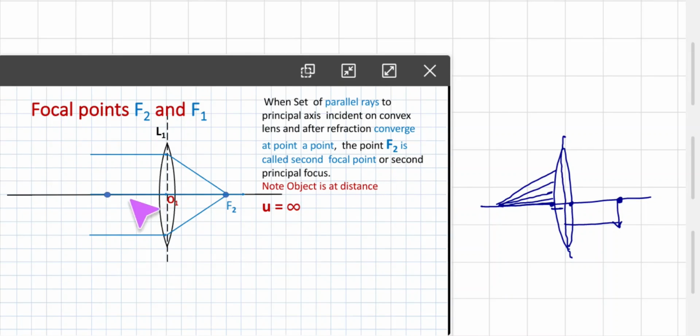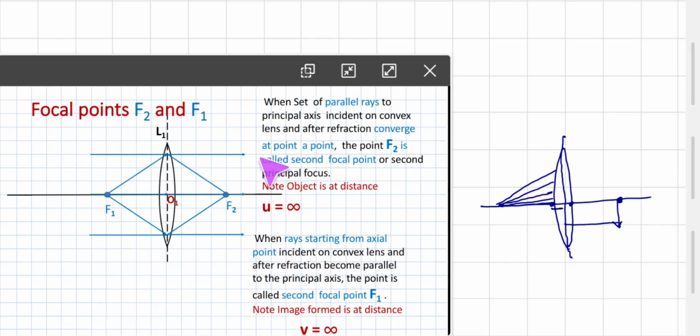Now here you see the object is placed at the focal point. Then exactly what is happening? The rays incident on the lens, if the object is at the focal point, travel parallel to the principal axis.